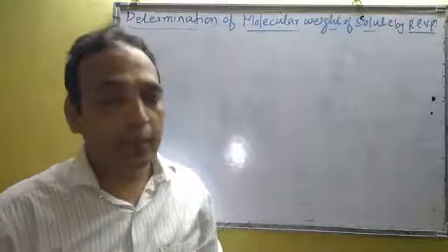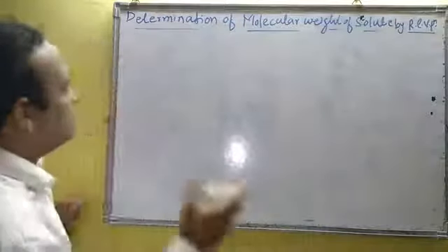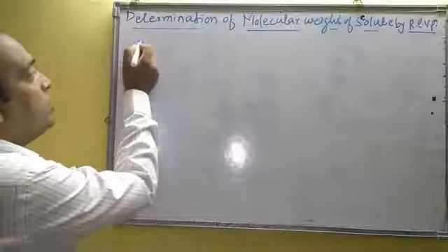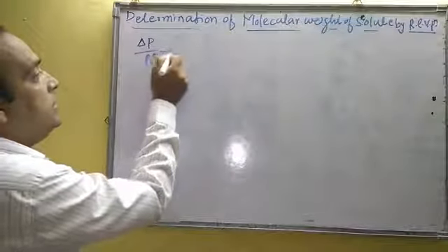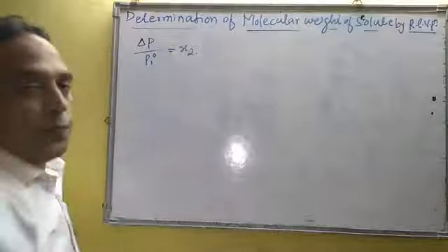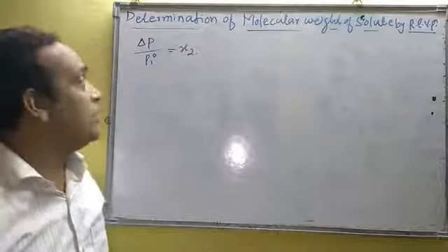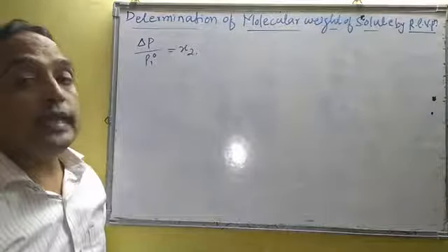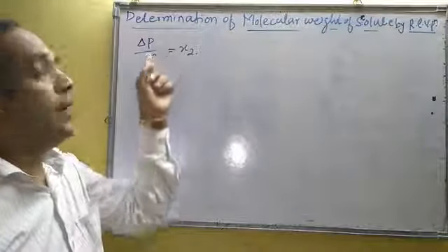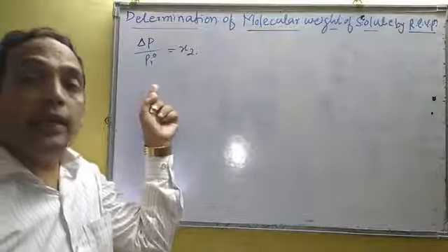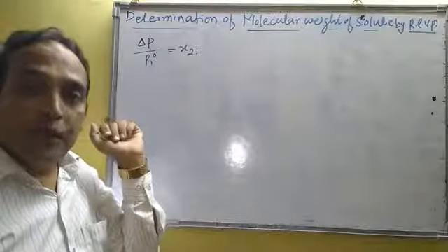क्या अप्लाई करेंगे अपन? Raoult's law. And what is Raoult's law? Delta P upon P10 is equal to x2. What is x2? Mole fraction of solute. Now delta P upon P10 is the relative lowering in vapor pressure.